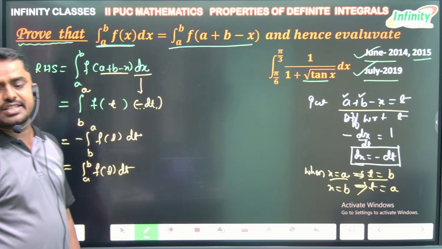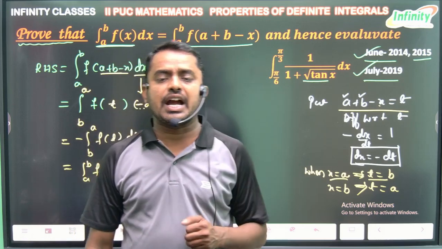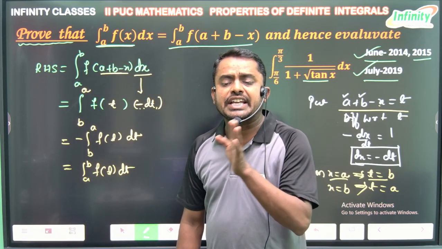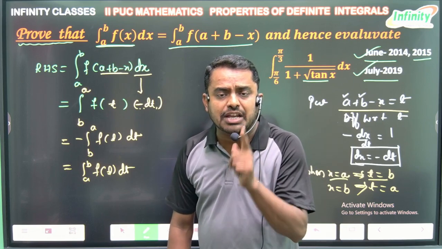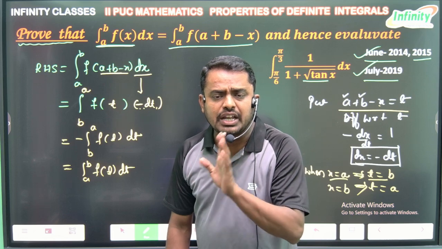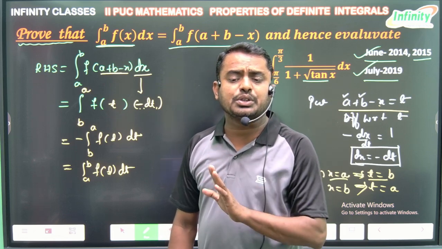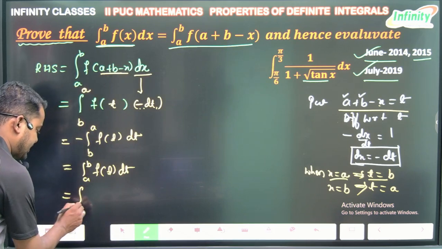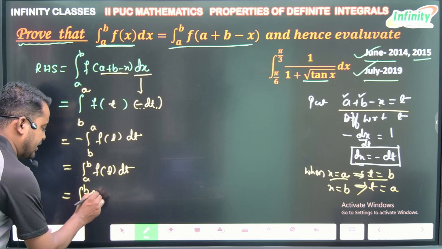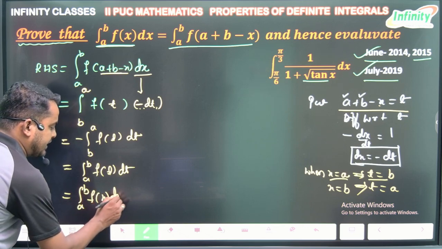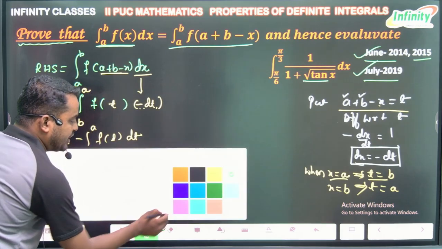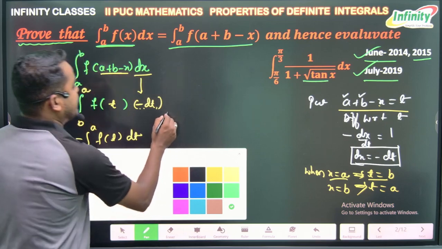Now last, the change of limit property. After the change of limit property, we are applying the first property, change of variable. If you change the variable t to x and dt to dx, then there will be no change in the integral, as we learned in the last video. Integration of a to b f of x dx, that is equal to the LHS.